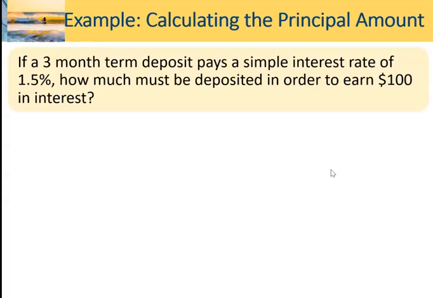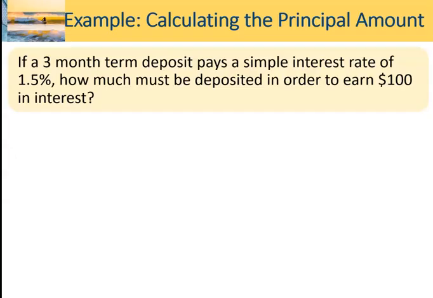Try this one. If a 3-month term deposit pays a simple interest rate of 1.5%, how much must be deposited in order to earn $100 of interest? Remember the 4 that you have: you have the I, the P, the R, the T. Figure out which ones you have and which one you're trying to calculate.